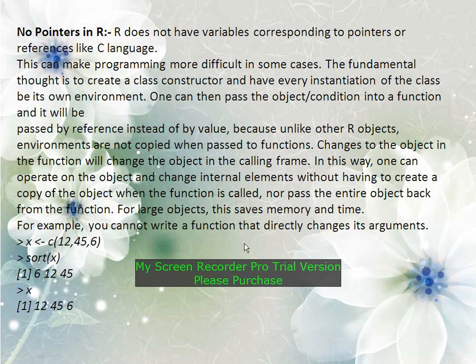For example, you can write a function that directly changes its arguments. Here I am creating a vector with 3 values. I am directly calling sort of x, which displays the sorted list but does not store that list. After calling this one, we can see 6, 12, 45. But when I am displaying x, it again displays the same values.